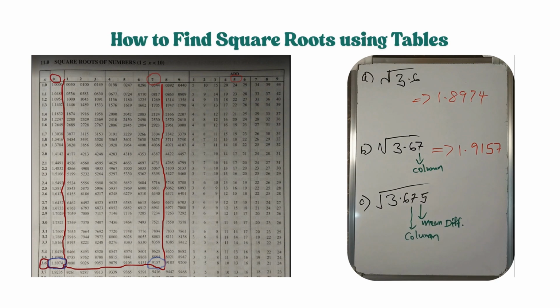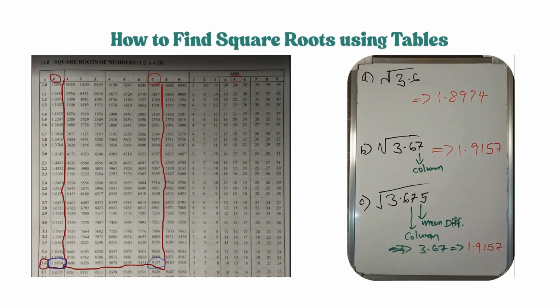Let's find the base value in row 3.6 and then column 7. For 3.67 we have 1.9157.